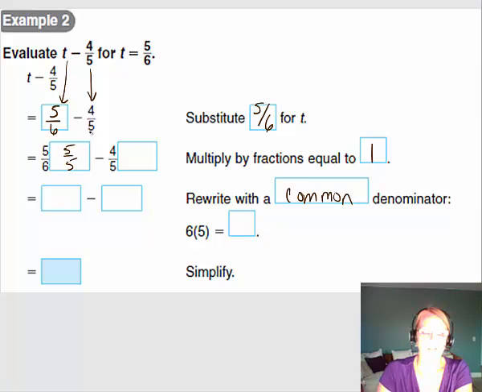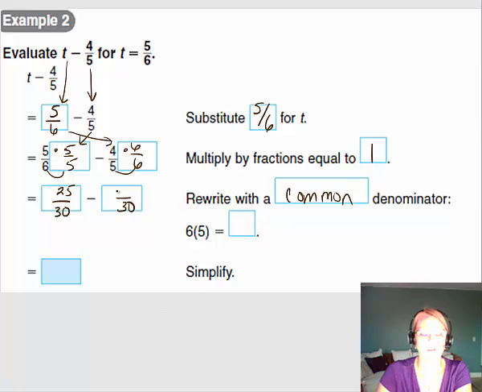So I like the method where we multiply them together. So I'm going to multiply this one by 5/5 using this denominator, and multiply this one by 6/6 using that denominator. So I have a common denominator of 30 in both cases. 6 times 5 is 30. 5 times 6 is 30.